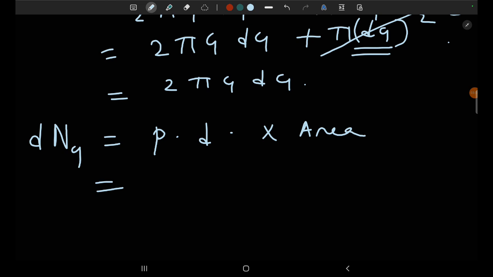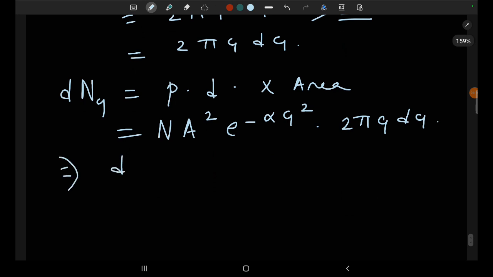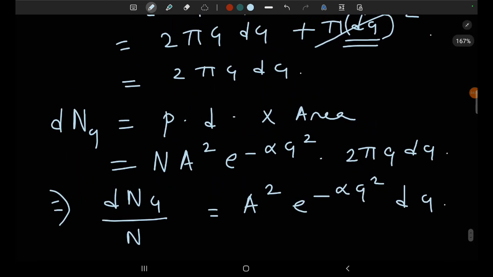Point density was n a squared e to the power minus alpha c1 squared, into 2 pi c1 dc1. So we have dN c1 equals n a squared e to the power minus alpha c1 squared dc1, but we have missed out our 2 pi c1. There's a 2 pi c1.